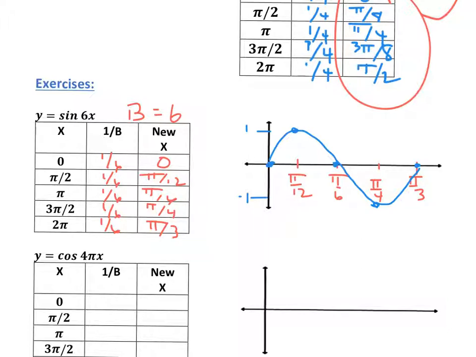So the bigger the number in front of the x is going to make it smaller? Correct. So think about it this way. This 6 basically means that there would be 6 sine curves between 0 and 2 pi. So one of them is completed between 0 and pi over 3. Another one is between pi over 3 and 2 pi over 3.